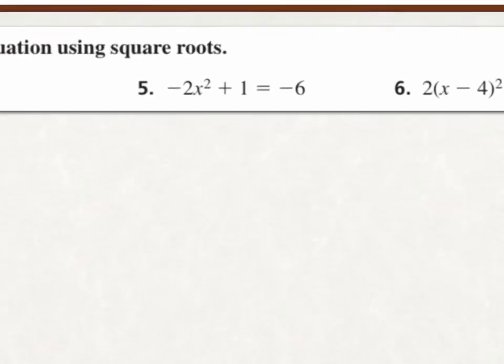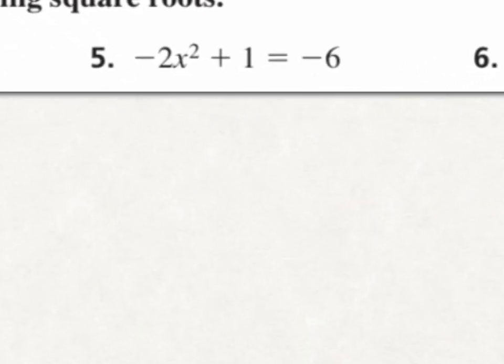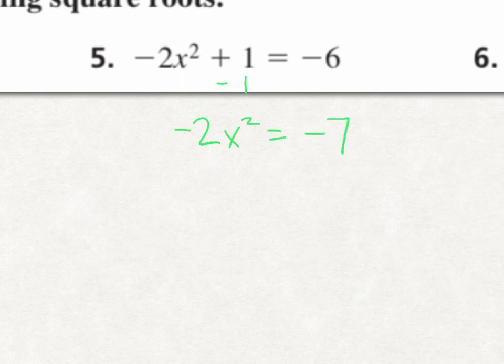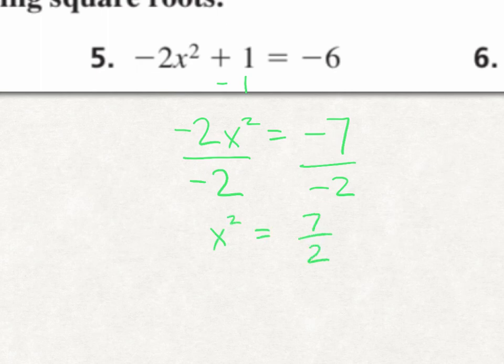Let's look at number 5. What do we do first? Subtract the 1. So negative 2x squared is equal to negative 7. What do we do next? Divide by negative 2. So x squared is equal to 7 halves. What do we do next?